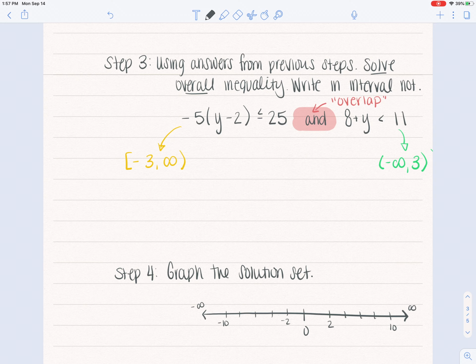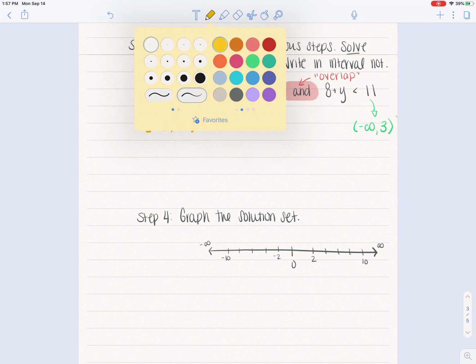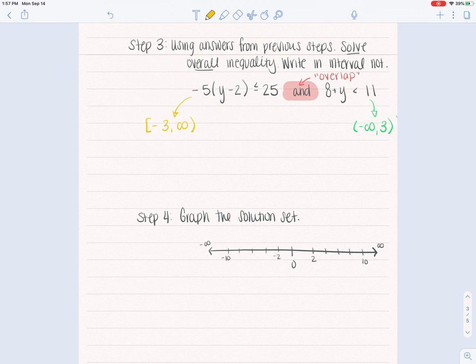Now because the question says and, I am looking for where do these two graphs overlap. So different than or, where you're sticking them together, I'm looking for where do they overlap. So I'm going to do the graph first. I'm going to do the one on the left first in yellow.